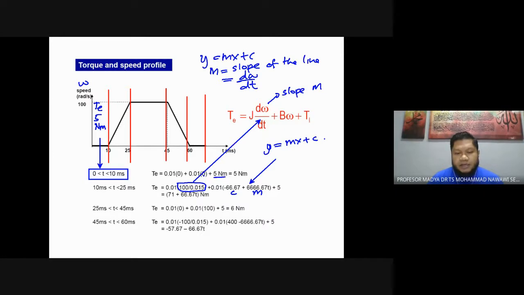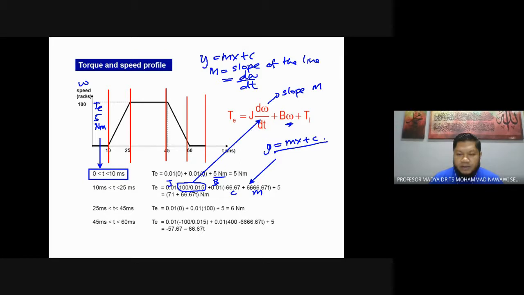So it is 100 divided by 0.005. So that's why we have J. This is J multiplied by the slope d omega over dt. And then you have B here. So this is B multiplied by omega. So this is the equation y equals mx plus c.